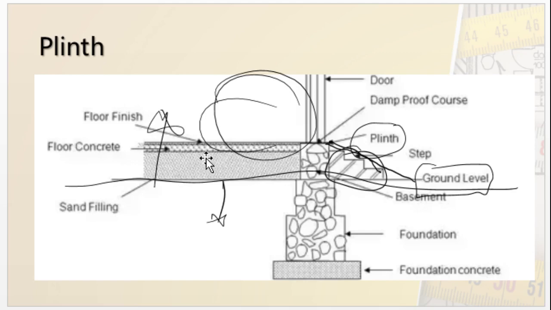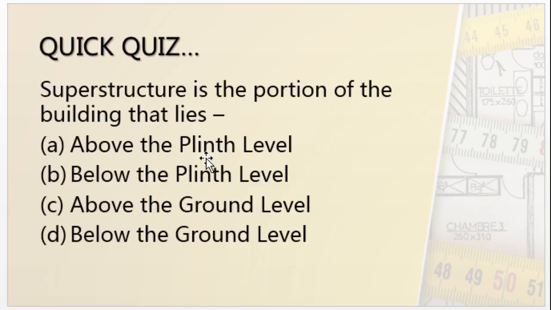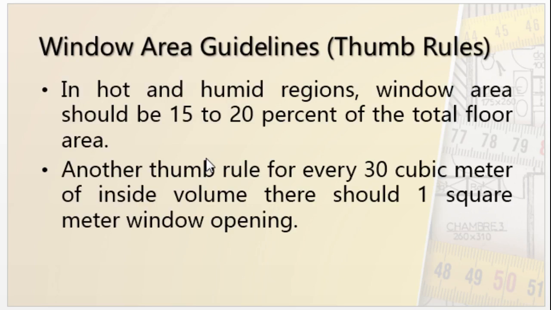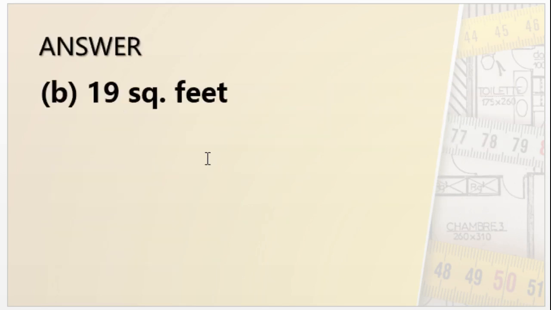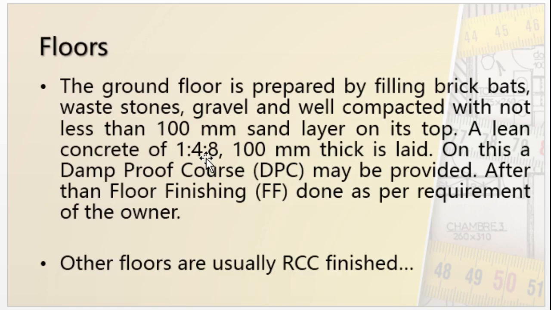So why would we use this? To prevent the water. There may be capillary action. You know, capillary action brings the water from below the ground to the top of the plinth level. So to prevent this water from penetrating into the superstructure, we use this damp proof course.